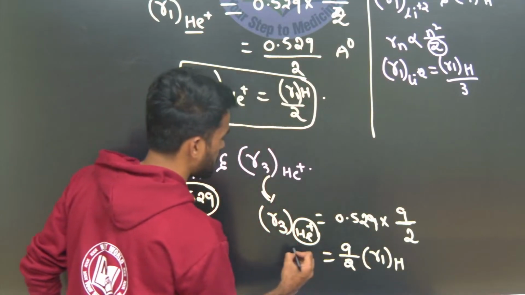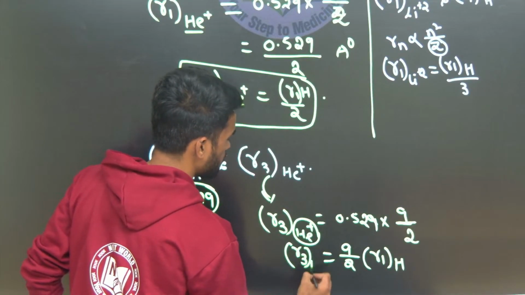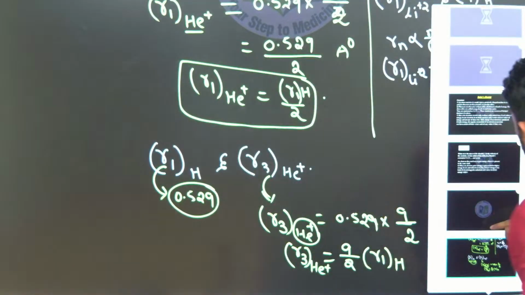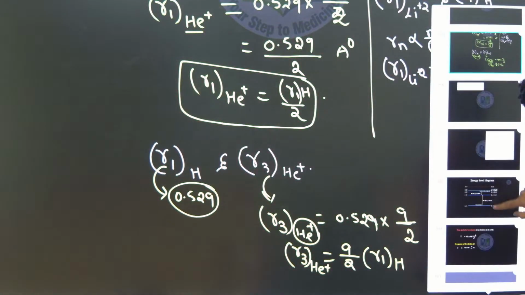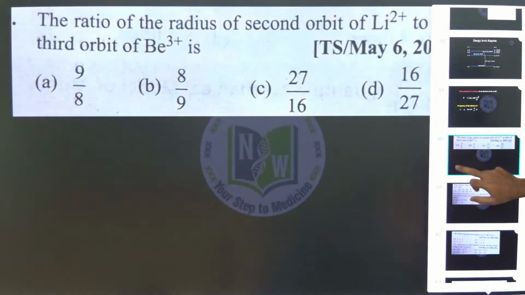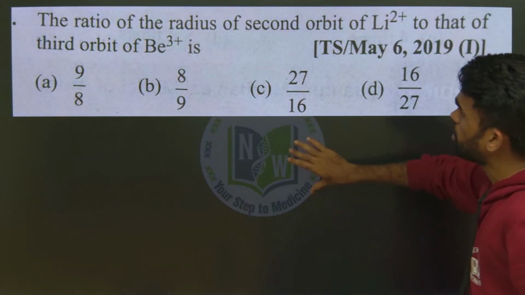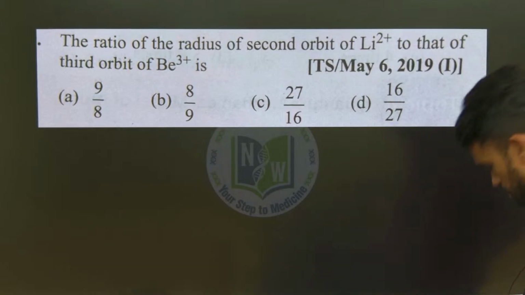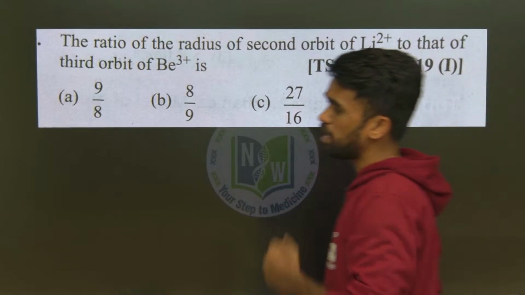Why am I specifically discussing these kinds of questions? Because now I will show you questions that appeared in previous papers. Look at this question. The ratio of the radius of the second orbit of lithium Li plus 2 to that of the third orbit of beryllium Be plus 3 is asked.